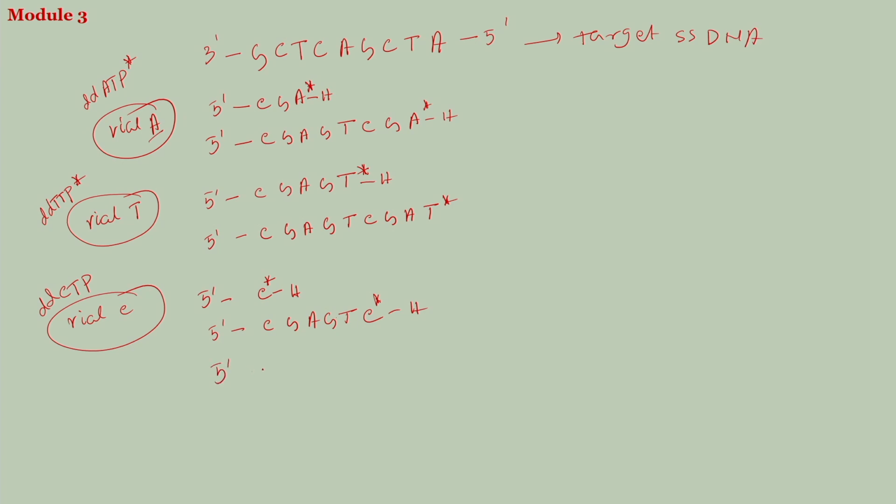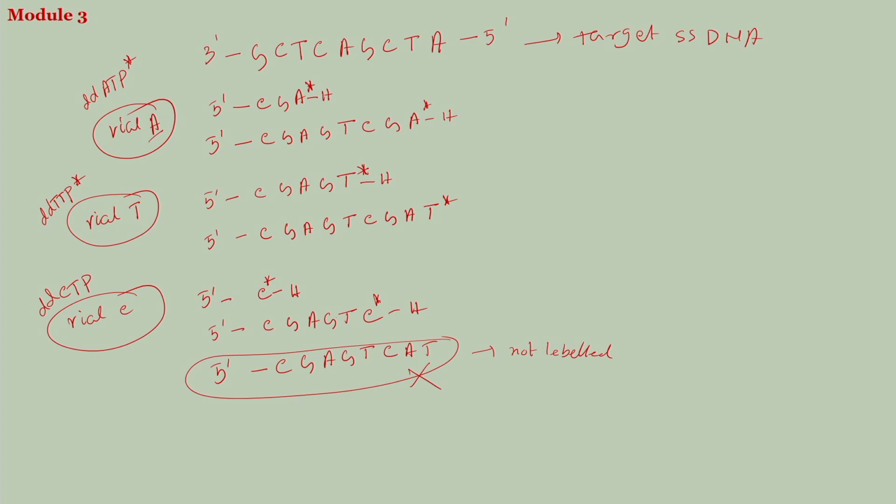You can write down along with me also. C G A G T C A T, but this will not be labeled. So, this will be the full length DNA, not labeled, so this will not be seen in your gel.